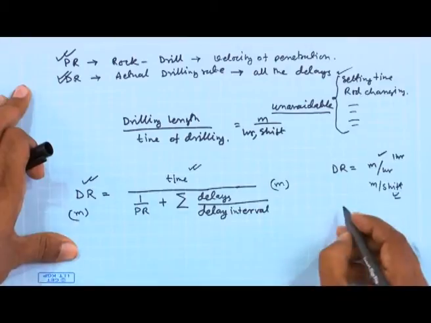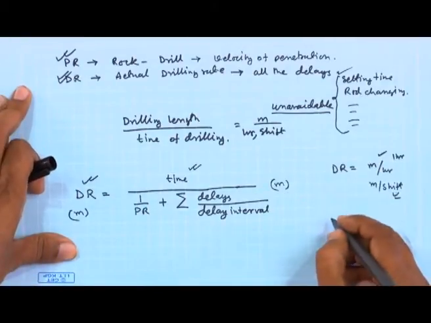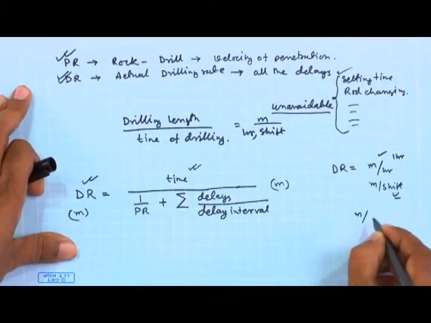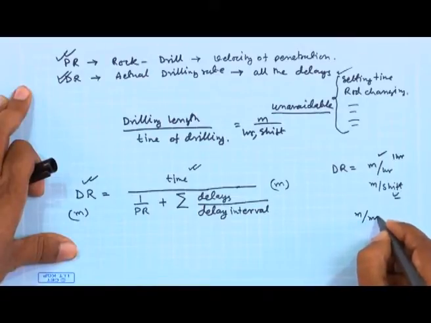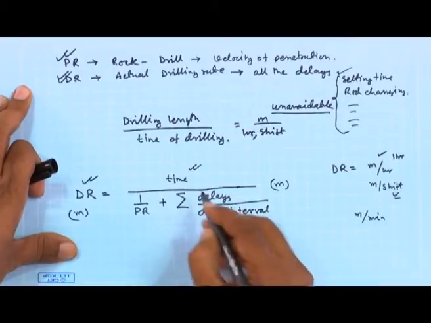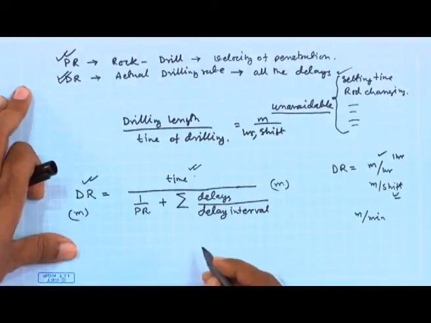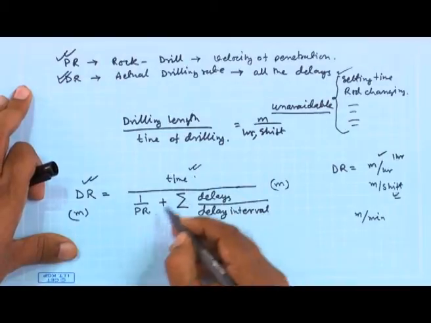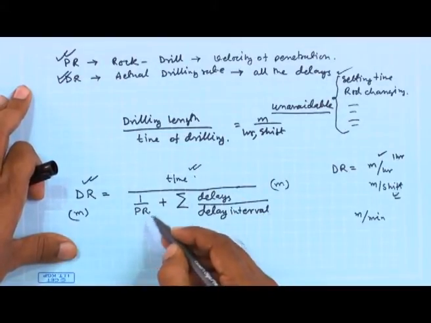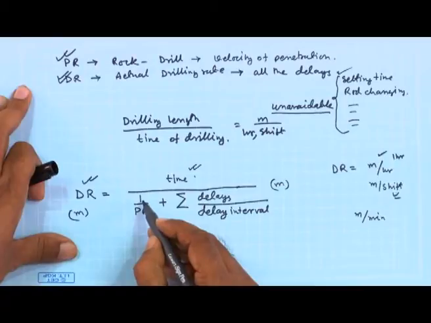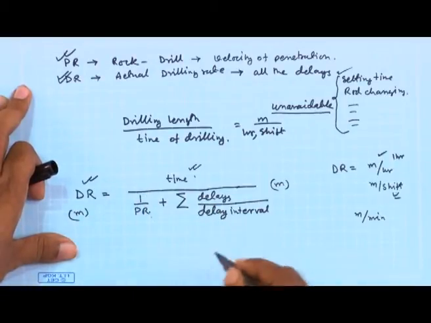Whereas, PR is the speed of the penetration expressed in meter per minute or meter per hour as the time unit we are considering. In this case, in the same unit it has to be expressed, because this time unit and time unit must be cancelled, and that is why it will be expressed in terms of meter only.